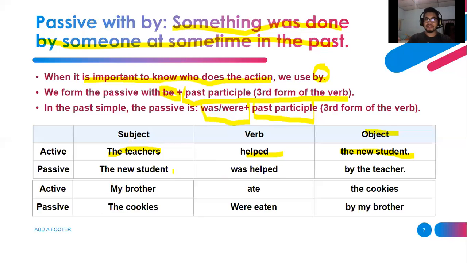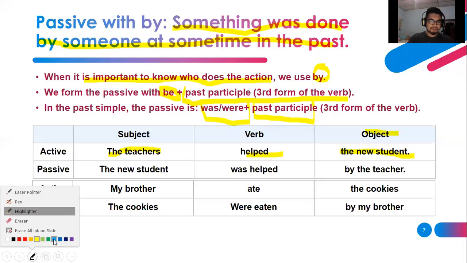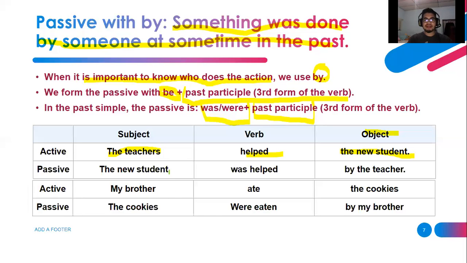For example, notice over here. We're going to mark it with a different color so you can see the difference. Right here, I have the students. If you notice, the students in the active voice are the object. But now they move from this place to this place. So now they are the subject.